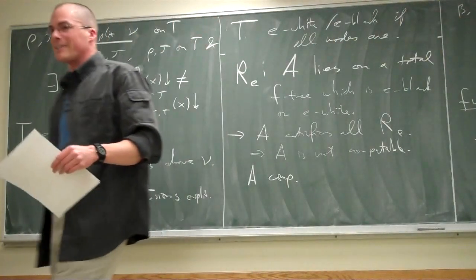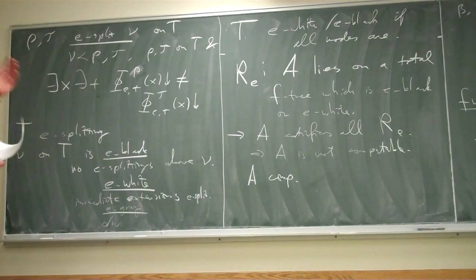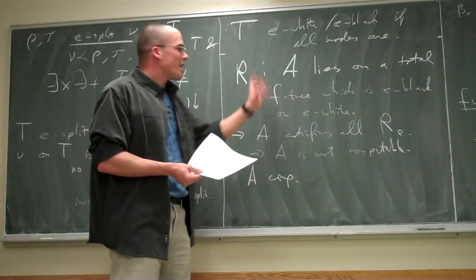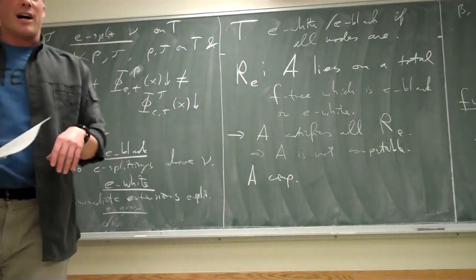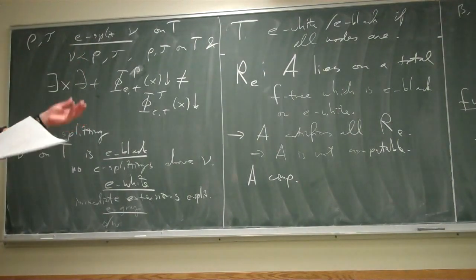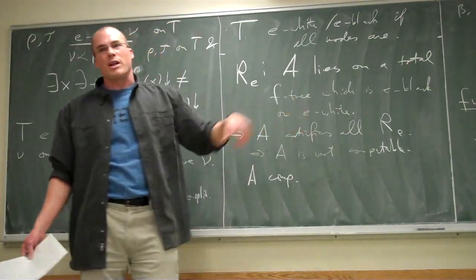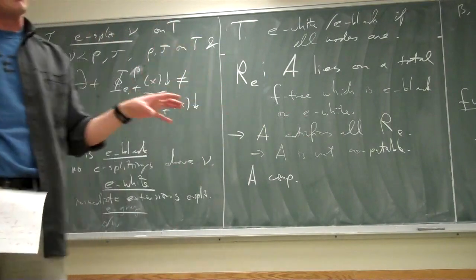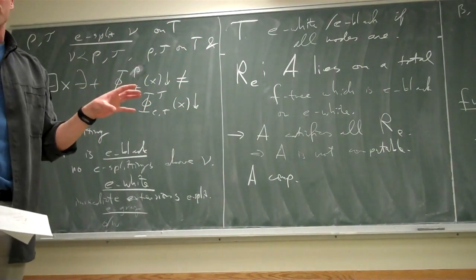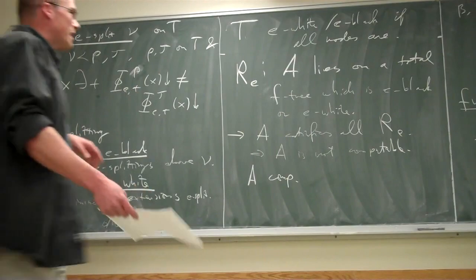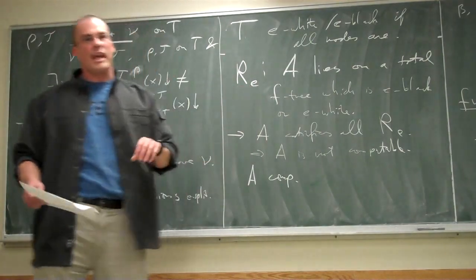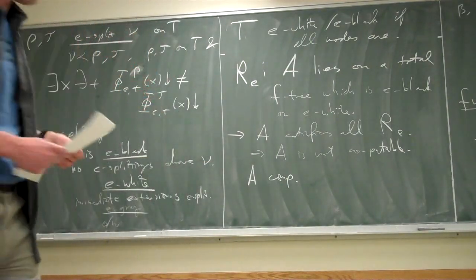The requirements don't say it lies on all trees, right? So you cannot come up with a tree. But what we can come up with is a computation and show that for this particular E, for that particular computation, this A could not lie on an E white or an E black tree. Right? We need to come up with an E such that A could not lie on an E white or an E black tree.